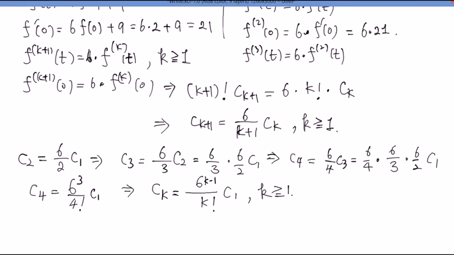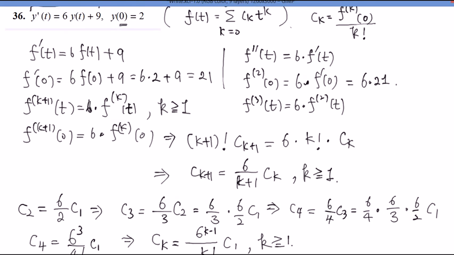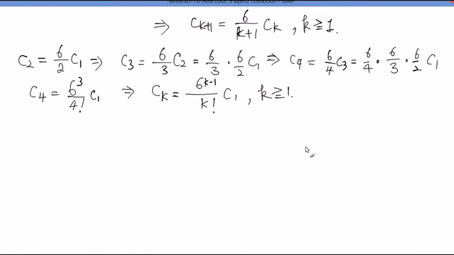Greater than or equal to 1. So we got the formula. What was C1? C1, we figured it out, 21 or something, wasn't it? Yeah, there was a C1, here's a 21. C0 was 2. That's the same as C0 here. C0 was 2, C1 is 21, and after that, we go like this. Make sense?